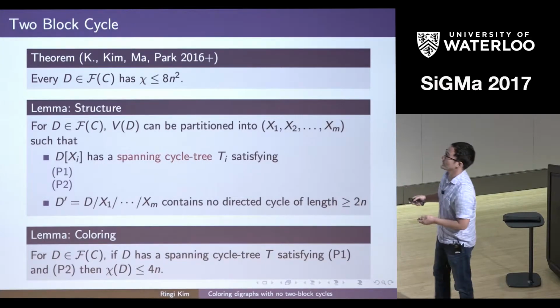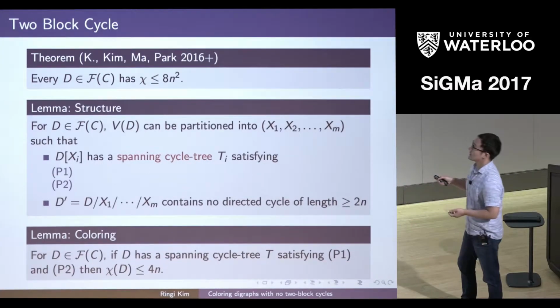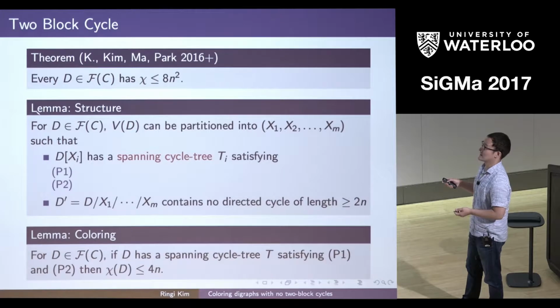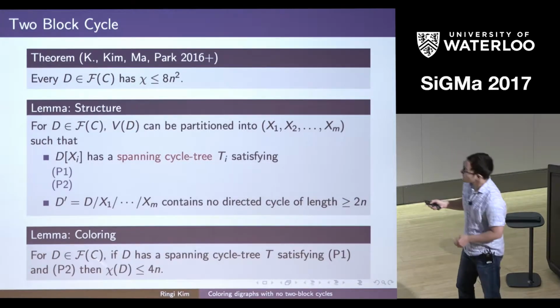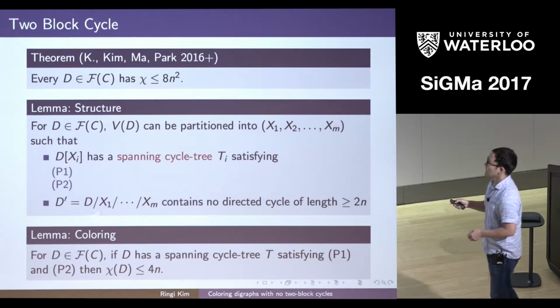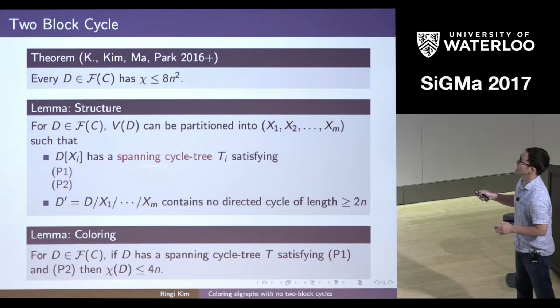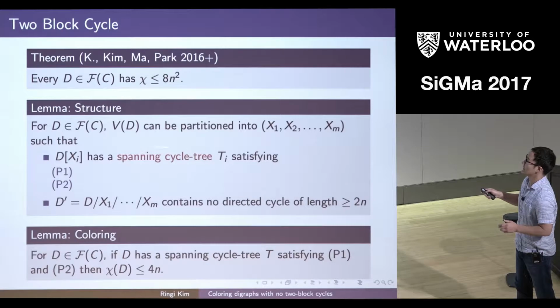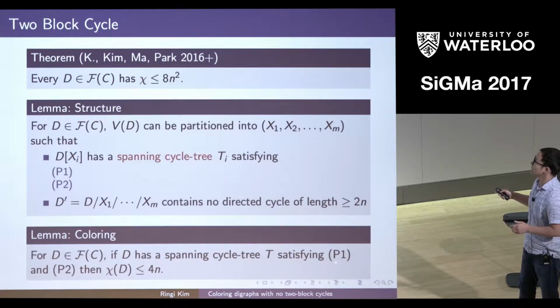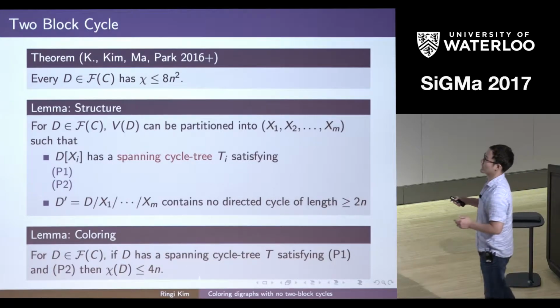It shows the structure of the digraph D. The second lemma says that if a strong digraph D has a spanning cycle tree T satisfying the two properties P1 and P2, then its chromatic number is bounded by 4n.